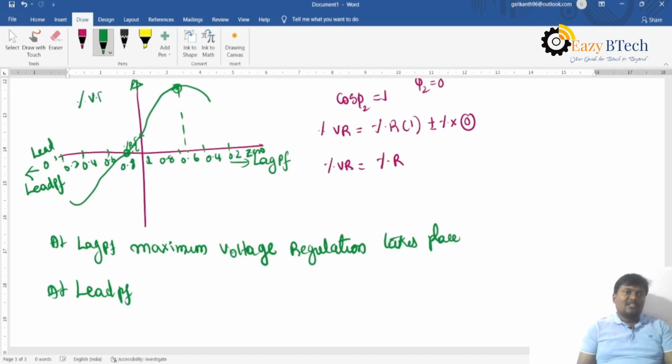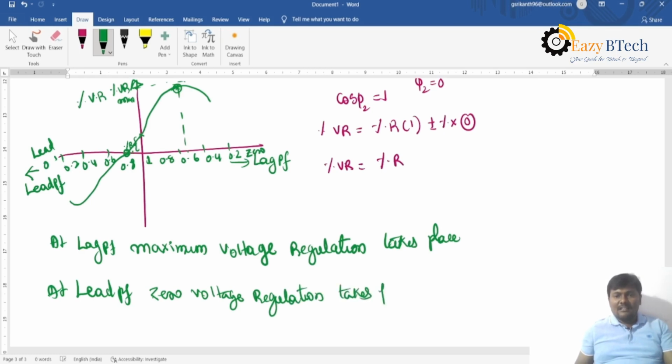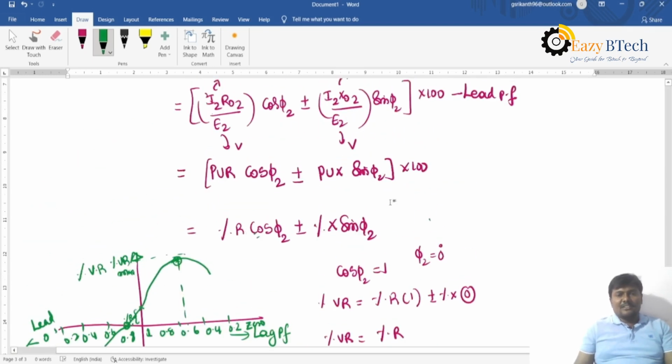This is the percentage voltage regulation, and this is where the percentage voltage regulation is maximum. And at leading power factor, zero voltage regulation takes place. So if you observe, the curve will be like this. This is called the regulation curve. For lagging power factor, these two are added. For leading power factor, these two will be subtracted.